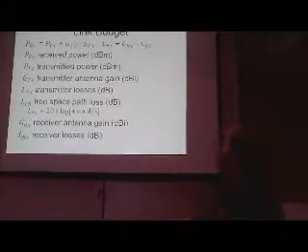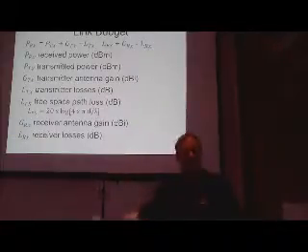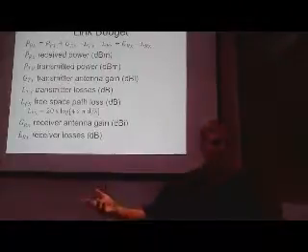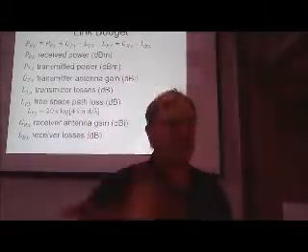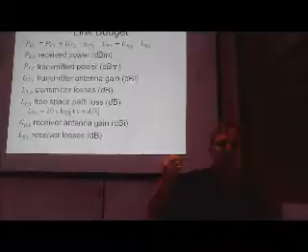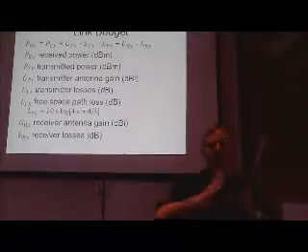So basically what this link budget says is the power at the receiver is equal to the power of the transmitter plus the gain of the transmitter, which could be the antenna gain, minus the losses of the transmitter, which could be the feed line losses, minus the free space path loss, which is that square of the radius.